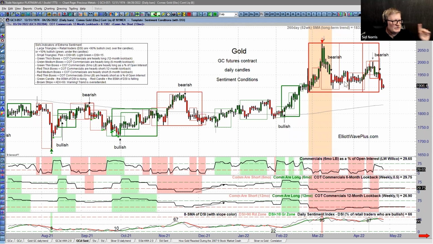And remember, here's what commercials do. When price is moving up, they're making money. The gold miners were making a lot of money as gold was priced higher and higher and higher, but to protect themselves as it got ever so stretched to the upside, they were building hedges.